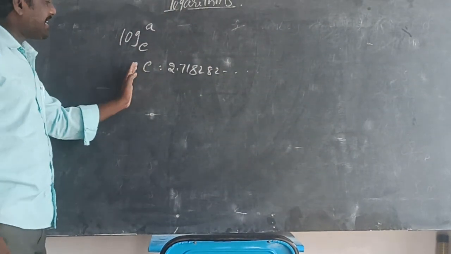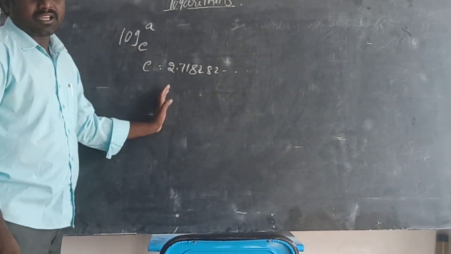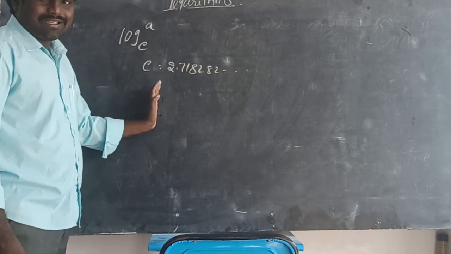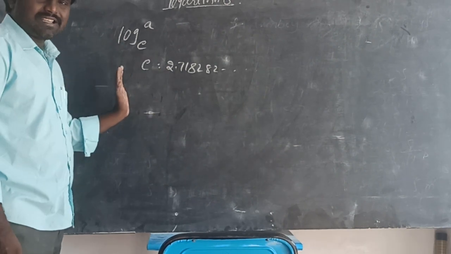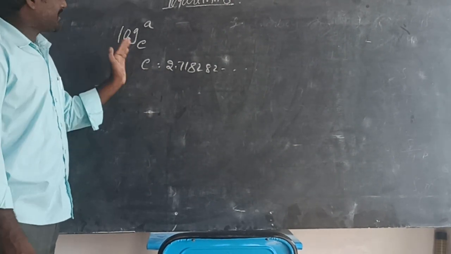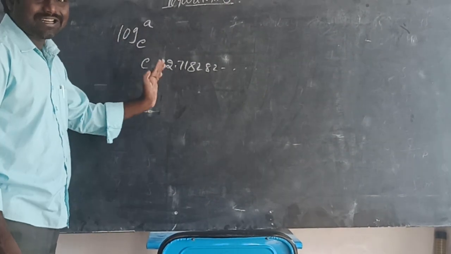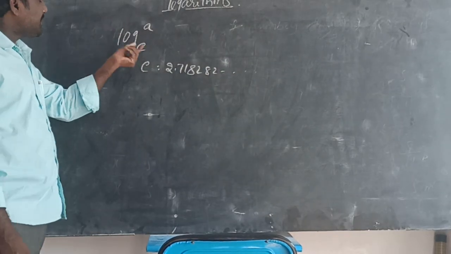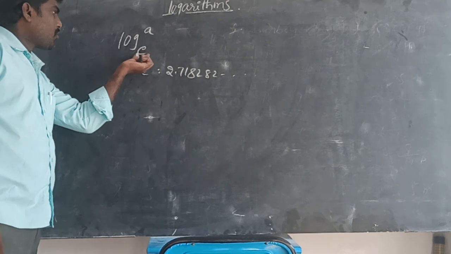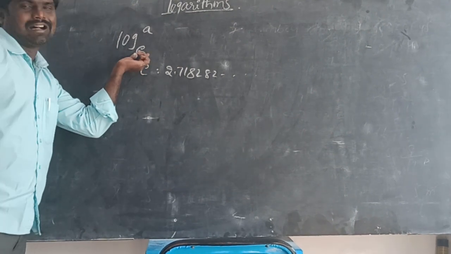It is an irrational number. Pi and e are called transcendental numbers. Pi is an irrational number, e is also an irrational number. These two numbers are called transcendental numbers. The logarithms whose base is e are called natural logarithms.